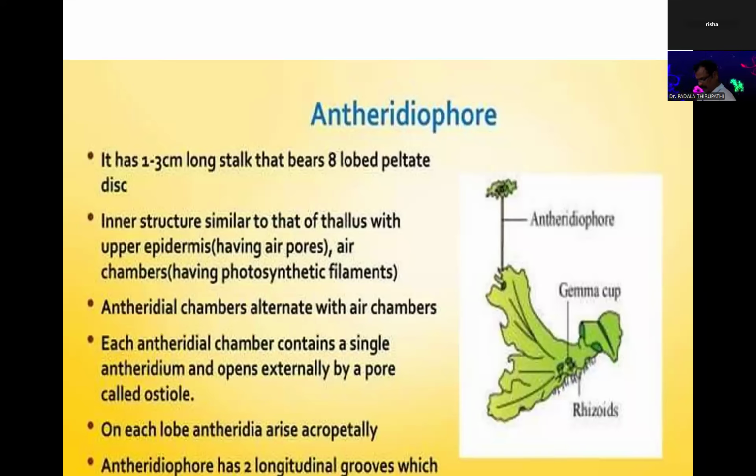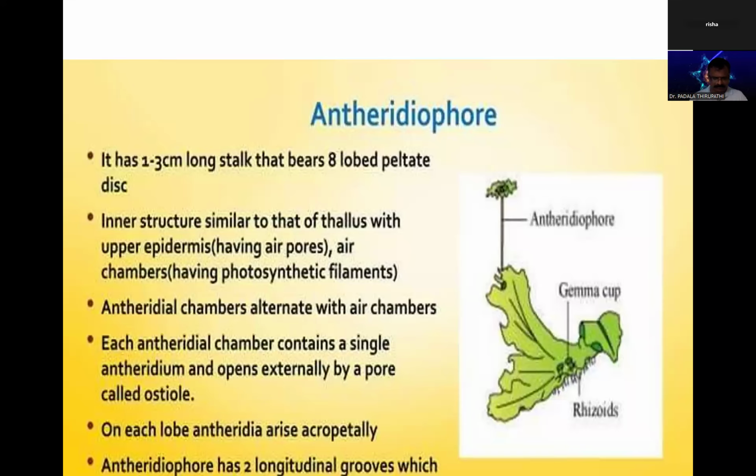The antheridiophore is a 1 to 3 centimeter long stalk that bears an 8-lobed peltate disc, meaning a plate-like disc with lobes. 8 lobes are present, as you are seeing in the diagram. The inner structure is similar to the thallus.